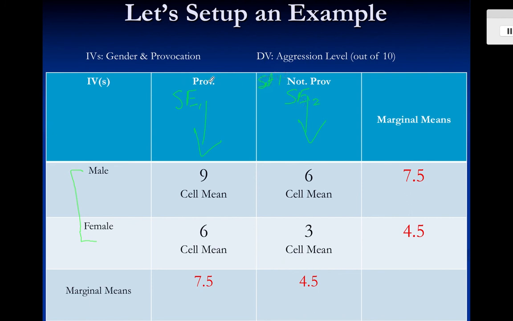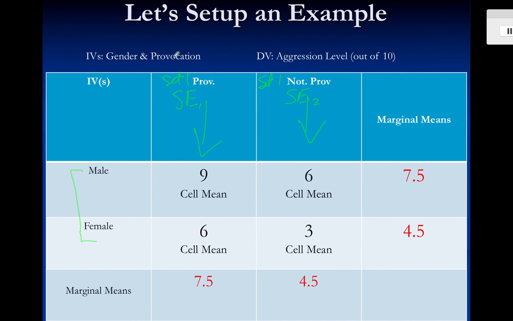So comparing men and women who are provoked, I'm going to ignore not provoked because all I care about is provoked. Imagine a little cover being over not provoked, and all that I can see is people who are provoked. Then I ignore people who are provoked and compare men and women who are not provoked.